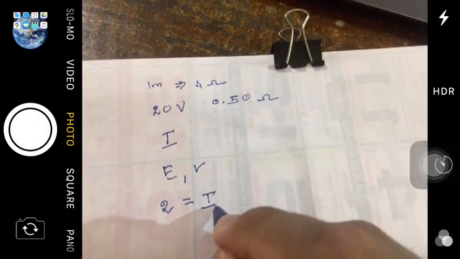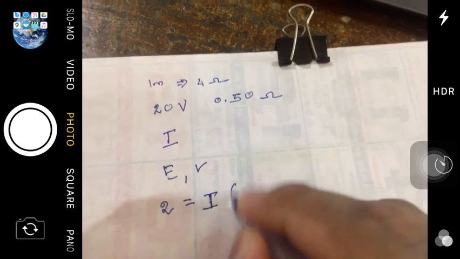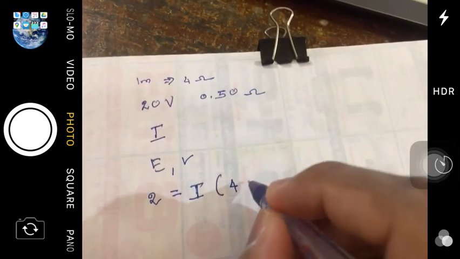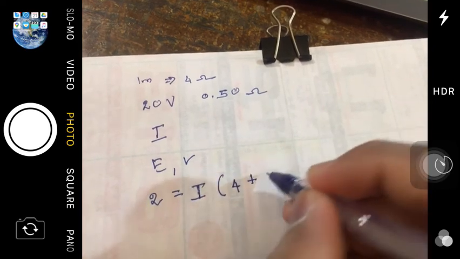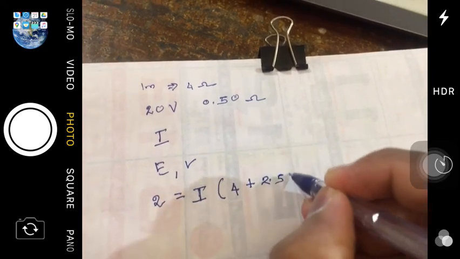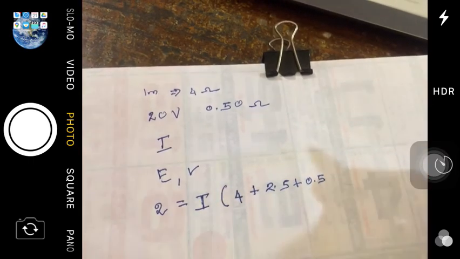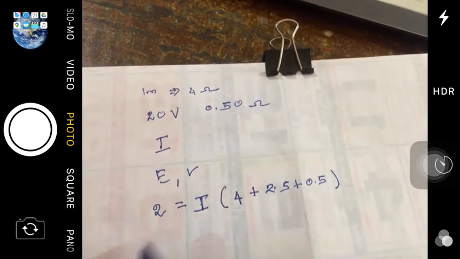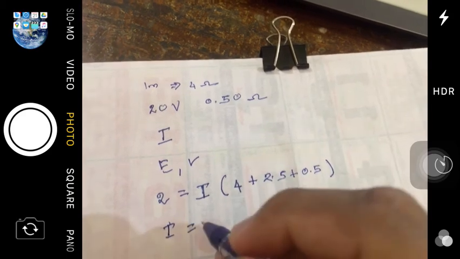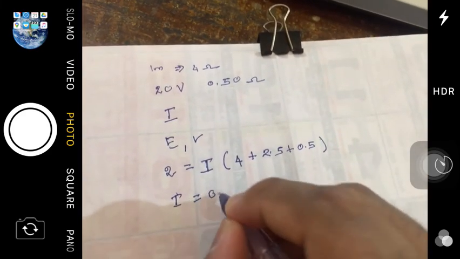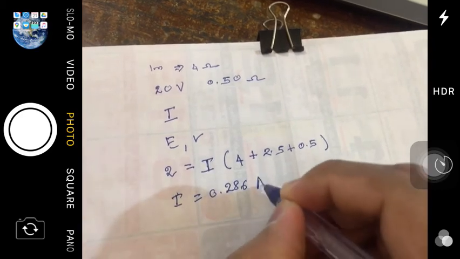The I is the same, then the resistance values added together, the 4 ohms from the potentiometer wire, the 2.5 ohms from the variable resistor, and the 0.5 ohms from the internal resistor, and this should give you a current value of 0.286 amps.